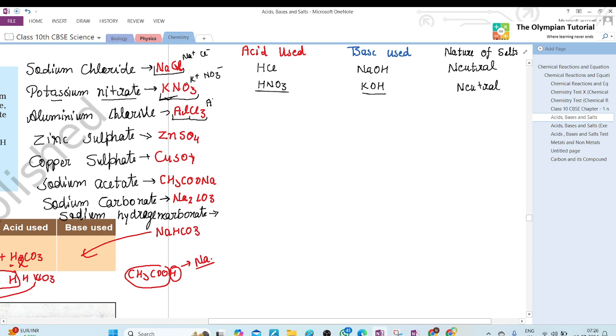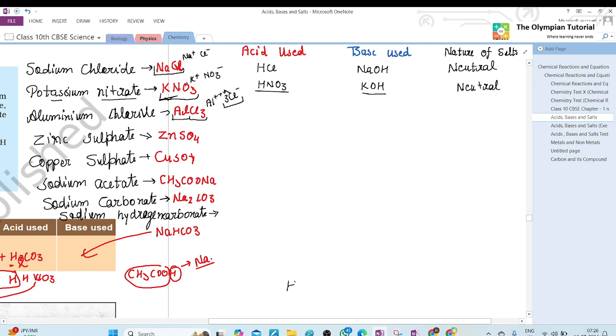Aluminium ion plus three chloride ions. So negative comes from acid or base? No, beta, negative comes from acid.